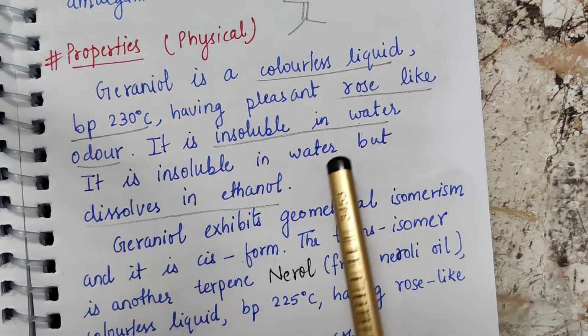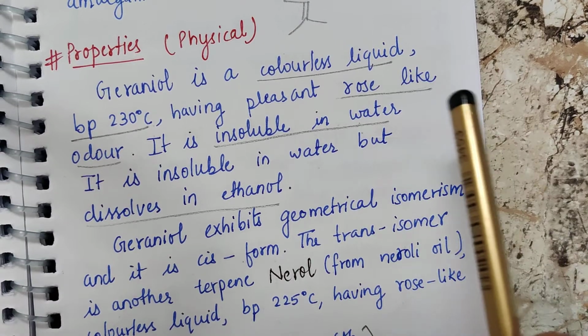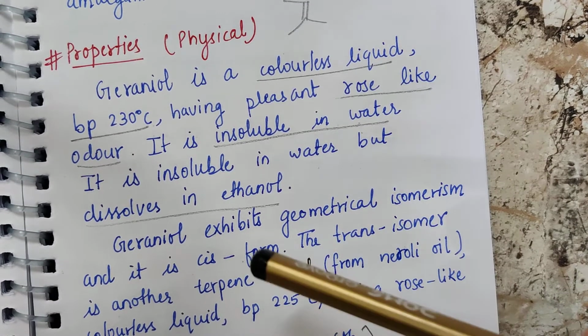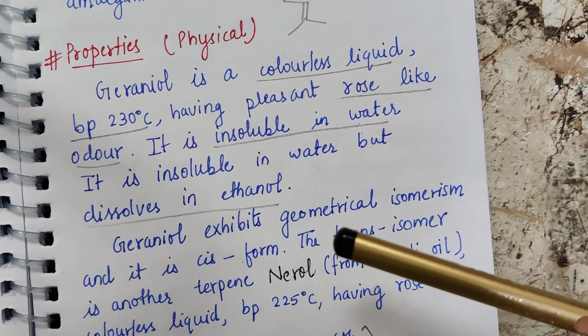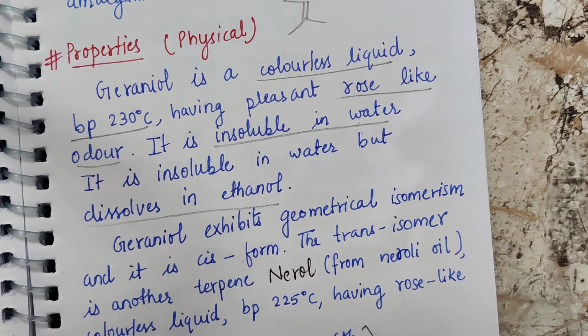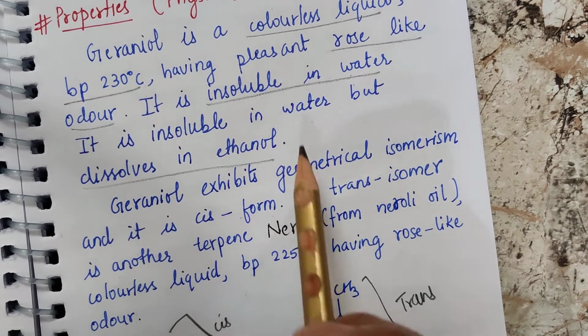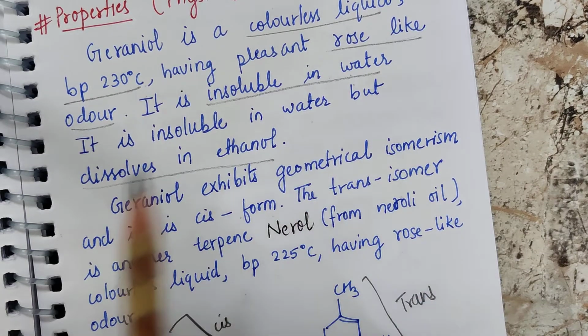Since it is insoluble in water, it was easy to separate it from the crystal of geraniol and calcium chloride using water, because calcium chloride being an ionic salt dissolves in the water and geraniol remains separated. So this insolubility in water is used for the preparation.